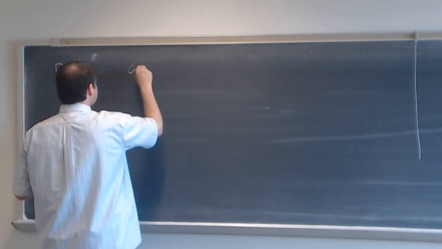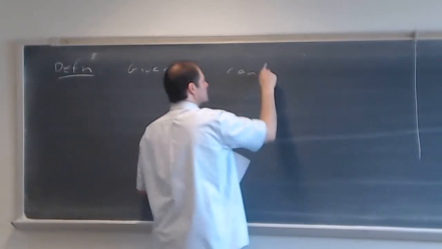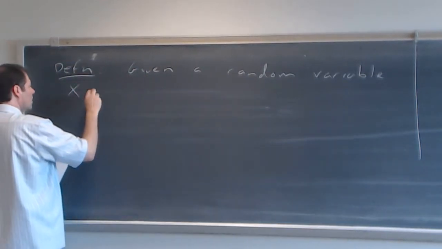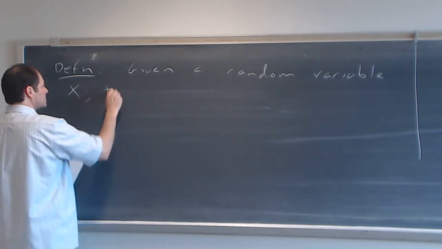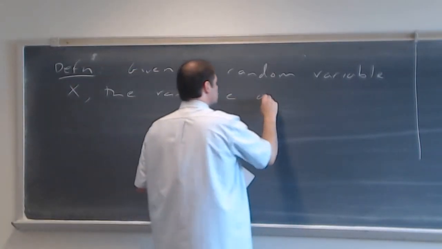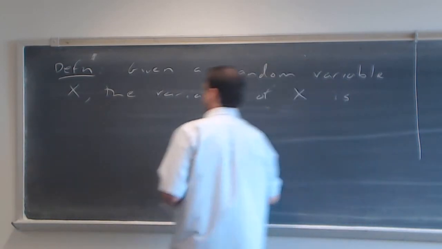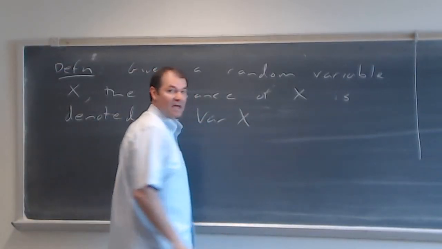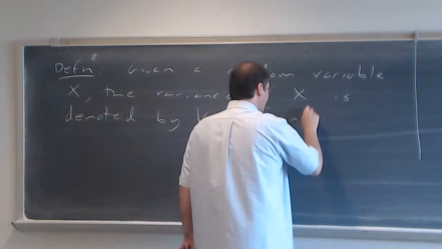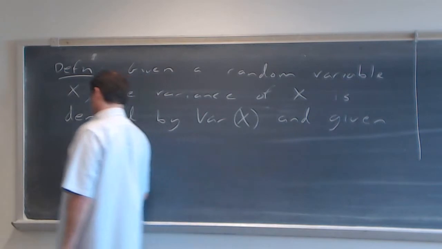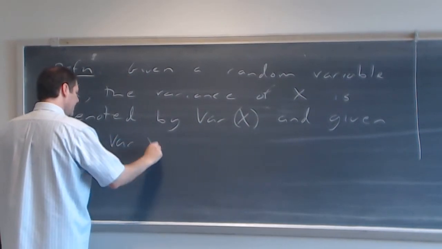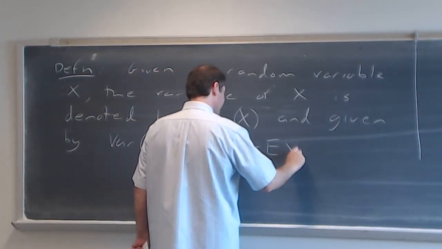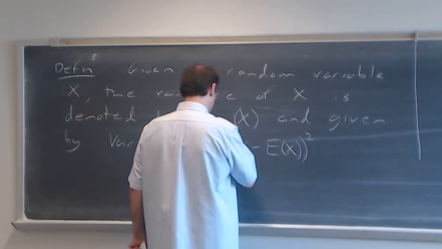Given any random variable X, the variance of X is denoted by VAR of X and given by the expected value of (X minus the expected value of X) squared.